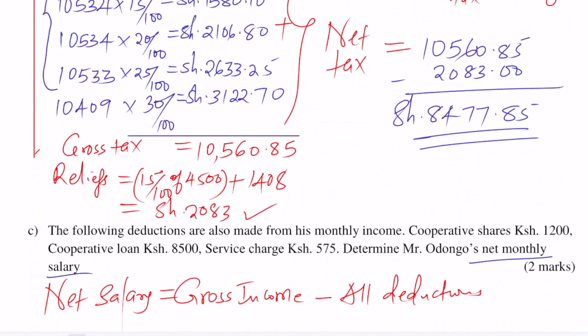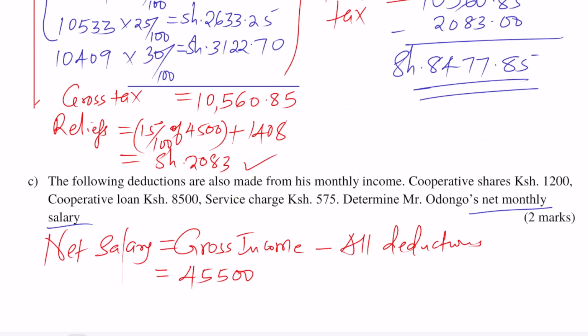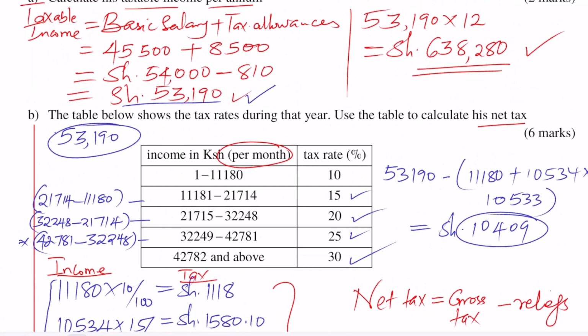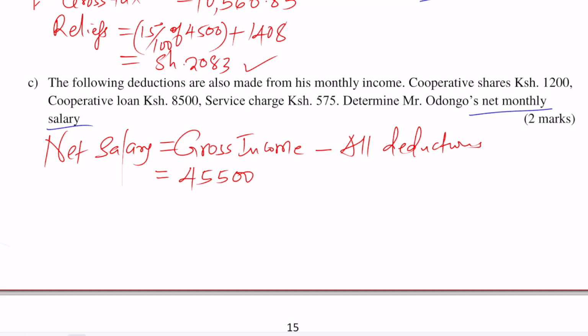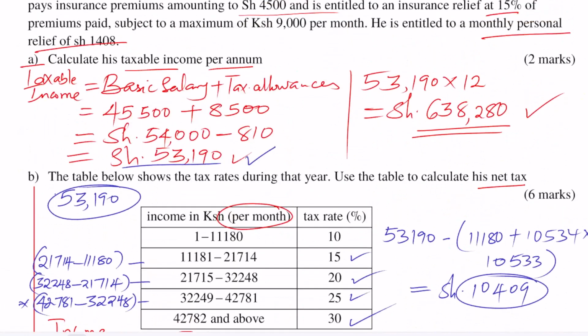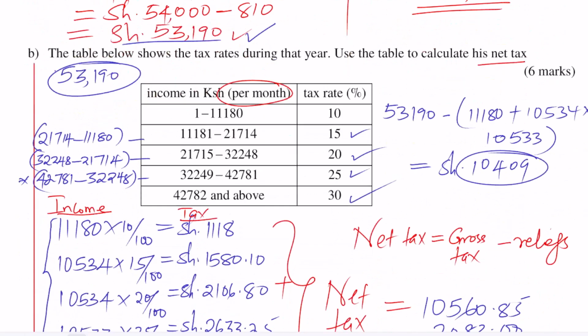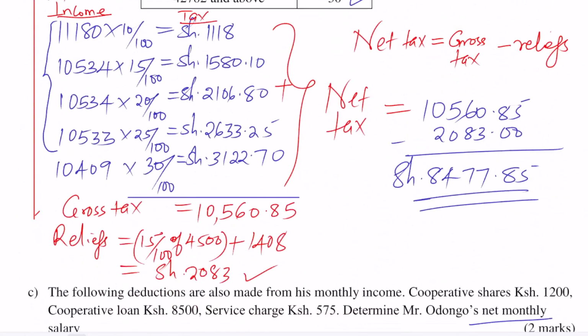So we add these, and these will give 54,000. We are not going to use the figure where we subtracted the housing deduction of 810, because we are going to consider that now in the deductions.